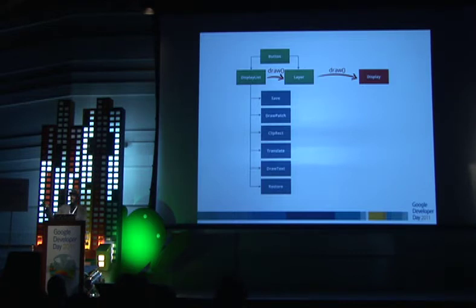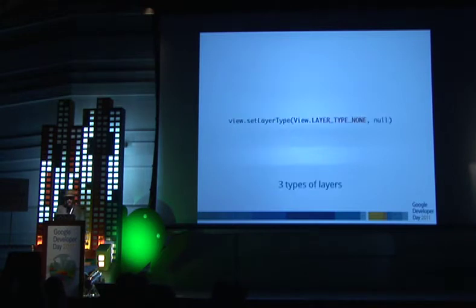So only when the layer is drawn on the screen, it's only a texture, and it can pretty much be done on the GPU. So the default layer disables buffering, and this is good because it saves a lot of memory. The software one, of course, renders the view into a bitmap. It's very good for compatibility because it forces software rendering.